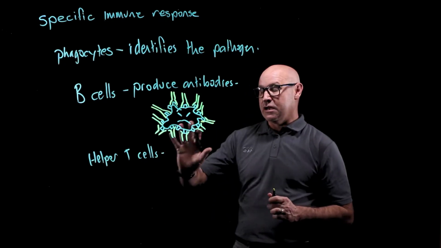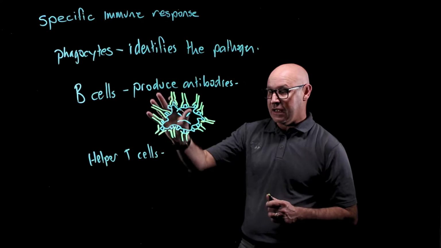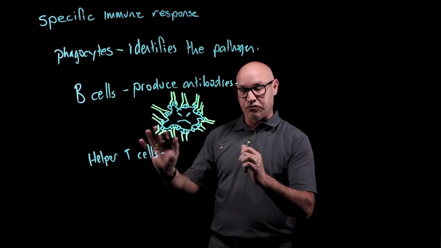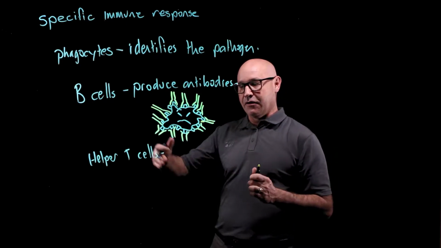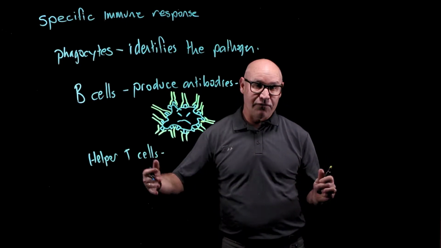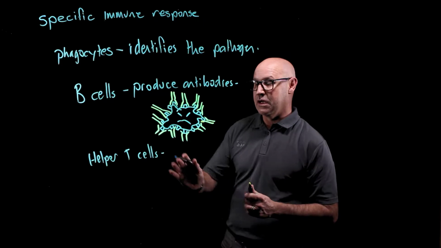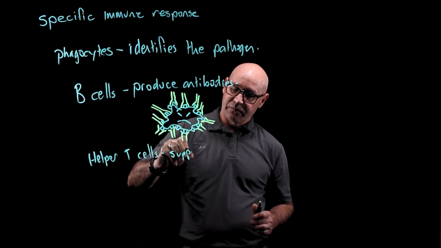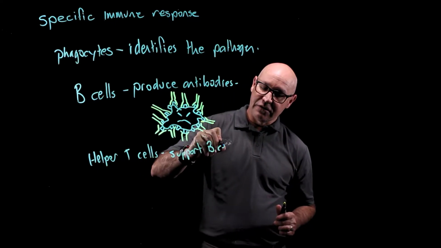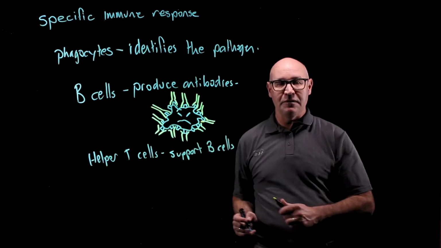So essentially, somebody who's suffering from HIV, if the helper T cells are damaged or die, then they've got no specific immunity, and that's how the HIV virus affects somebody's health. So the helper T cells support the B cells to produce antibodies.